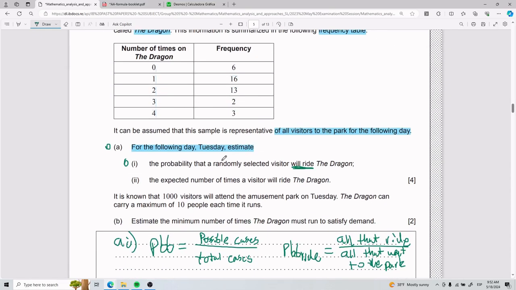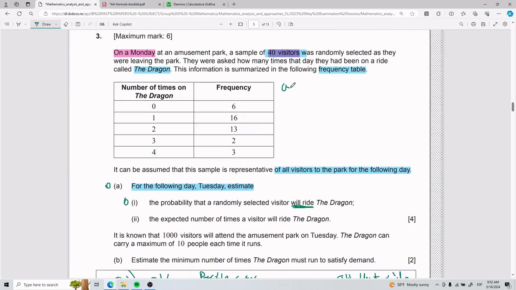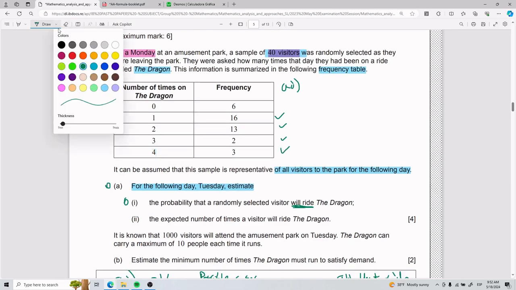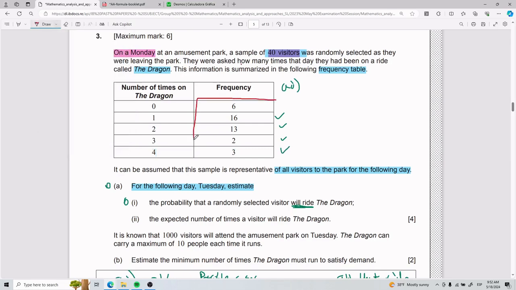So all the possible cases of those that rode are going to be these, and these. And your total is going to be these. Notice, for the total, it's that in red, and for the possible cases, it's just the ones in orange, red, and green.